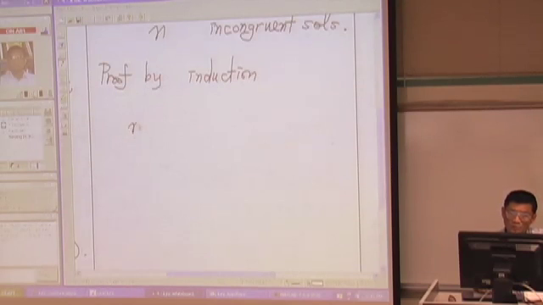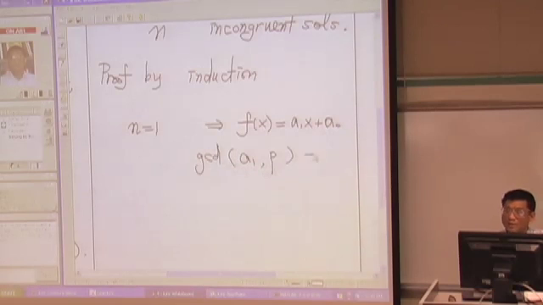If the order is 1, then the equation looks like this: f of x equals a1x plus a0. And the GCD of a1 and p should be equal to what? 1.